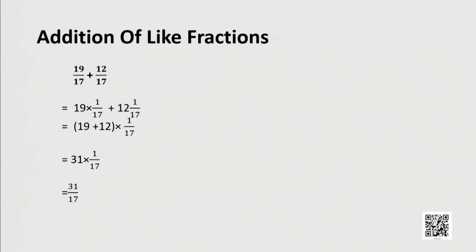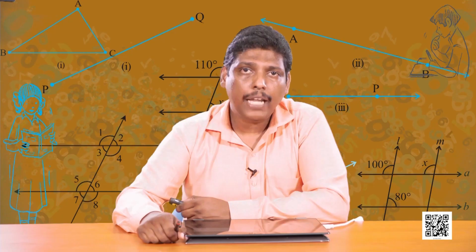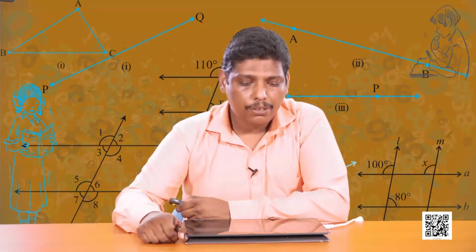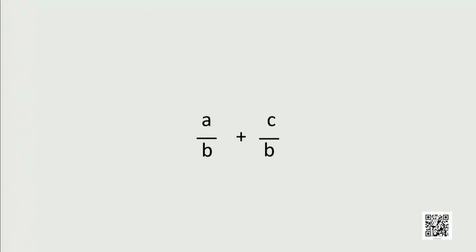Now the question arises: how to add two unlike fractions? It is simple to add like fractions, but you should know how to convert any unlike fractions to like fractions so that they can be added in this way. Before that, here is the representation we have seen.